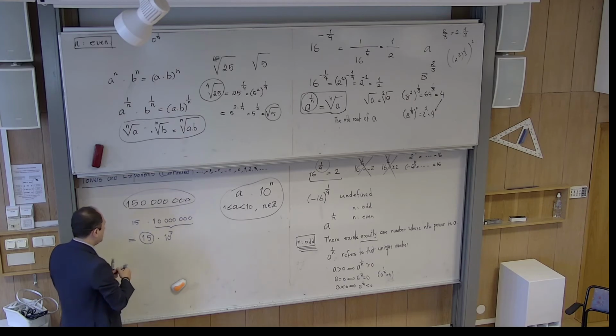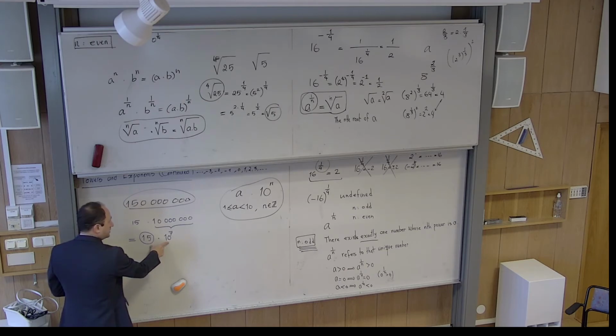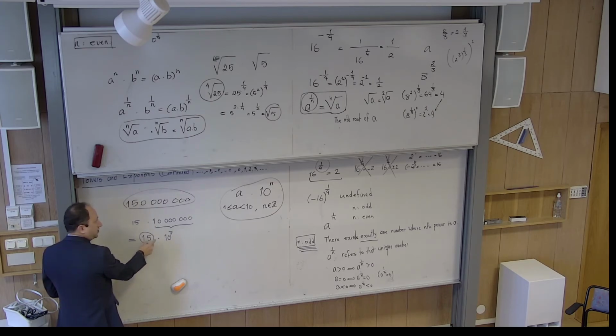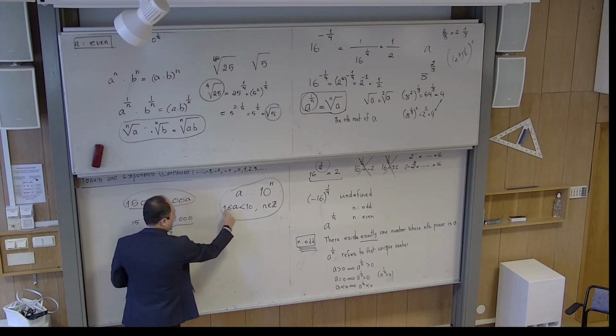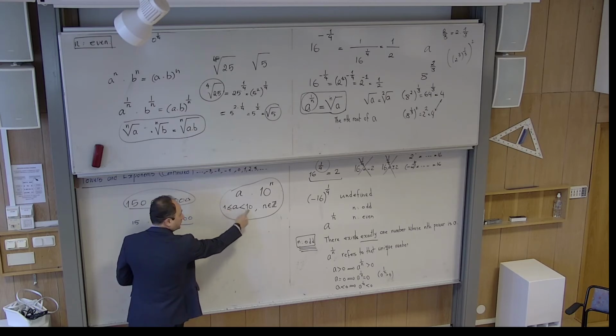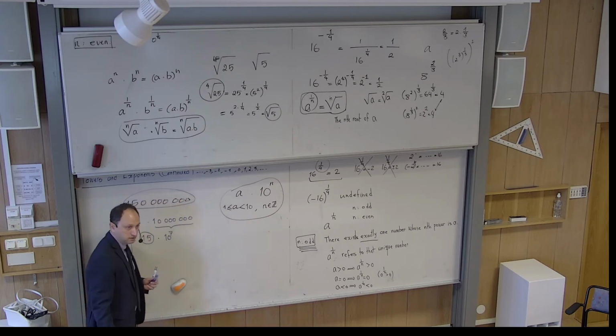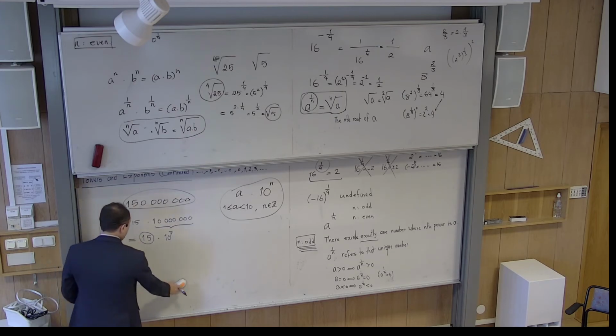Is this number equal to this number? The answer is yes. But is this an appropriate scientific notation for this number? No, because I haven't respected that 15, this number sitting here, should be from 1, including 1, up to 10, excluding 10. So this is not correct. Then what can I do?